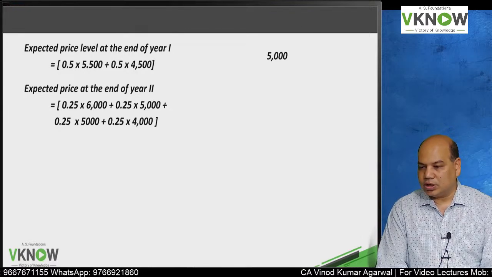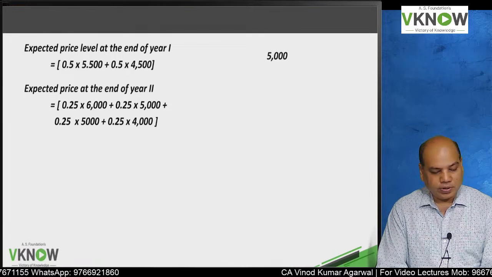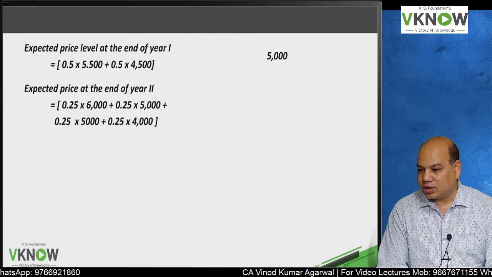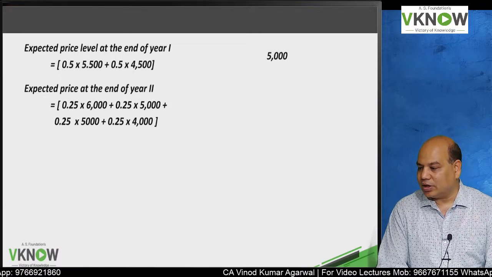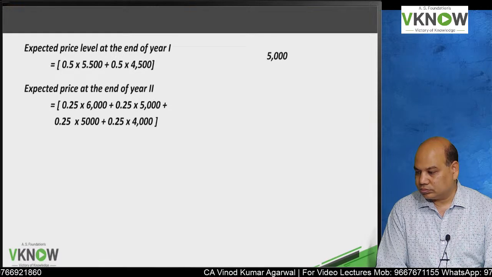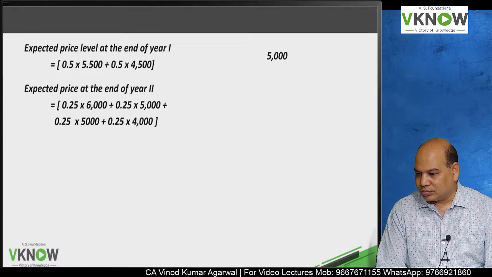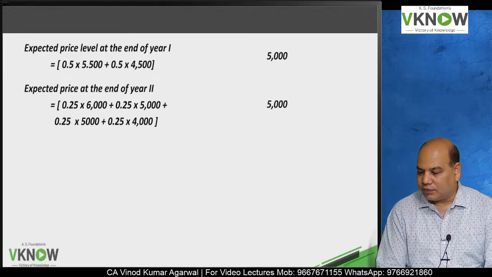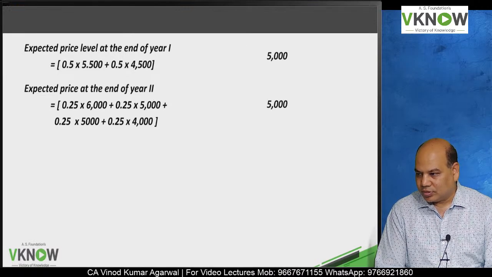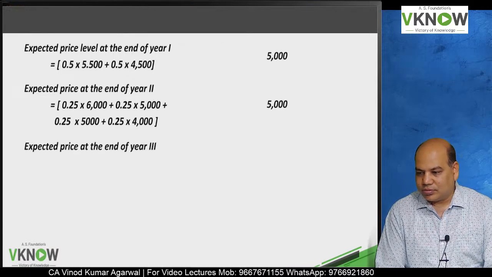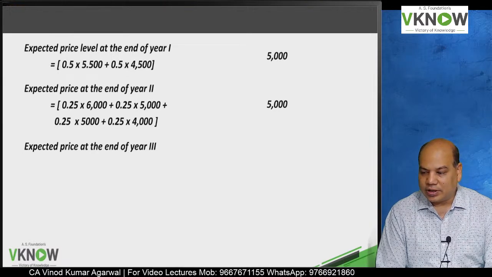What is the expected price level at the end of year 2? Just check, is it 5,000?